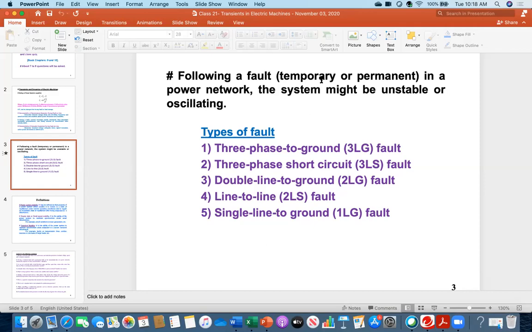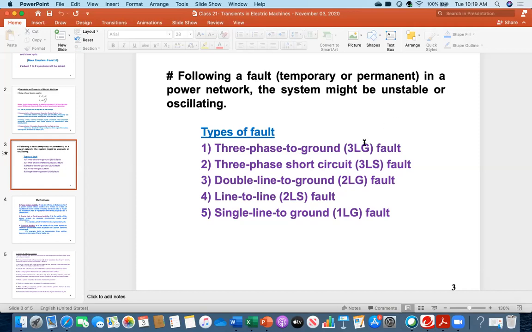Here I have mentioned one thing, everybody see. I said that following a fault, temporary or permanent. Now these faults could be temporary in nature, could be permanent. Permanent means very long duration.